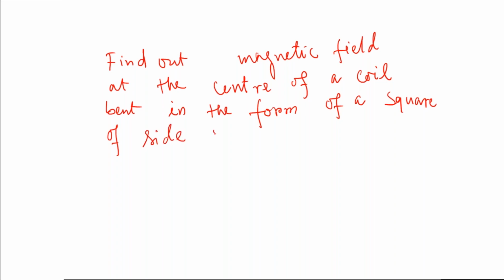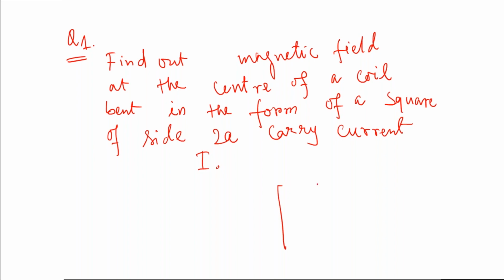Do you people want to try this? I'll draw the figure for your sake. Suppose this is a square loop of side 2a, carrying current I. Suppose this is the anti-clockwise direction; you can take whatever direction of the current you like.